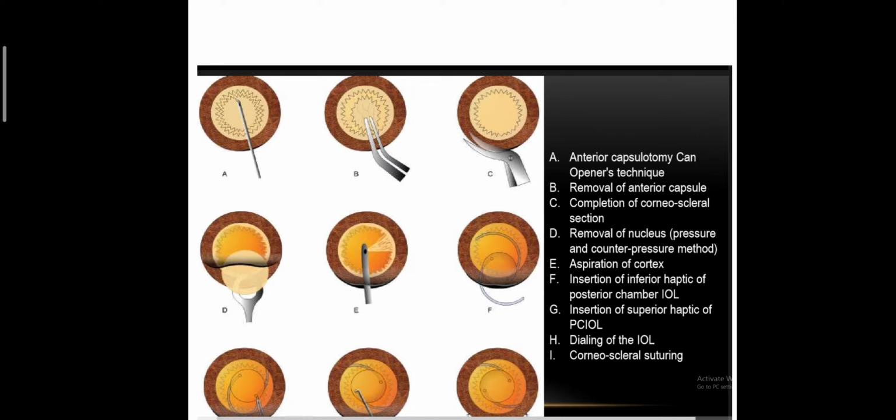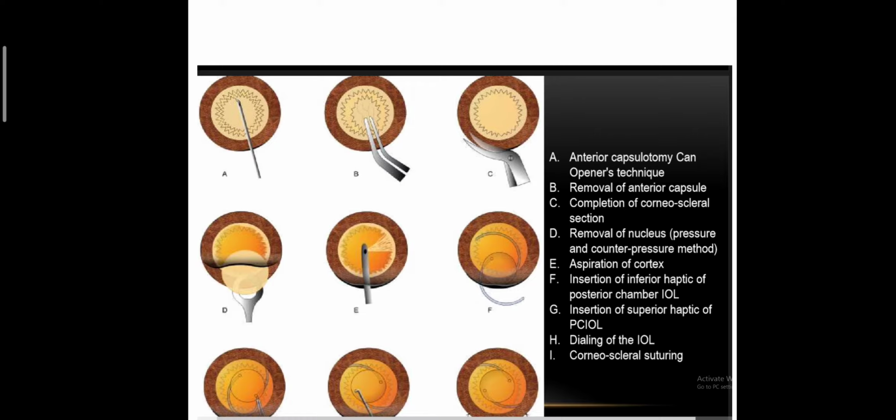So we have to be very careful while doing any maneuver. We need to maintain the anterior chamber by using a viscoelastic substance, which is mainly 2% methylcellulose or 1% sodium hyaluronate injected into the anterior chamber.